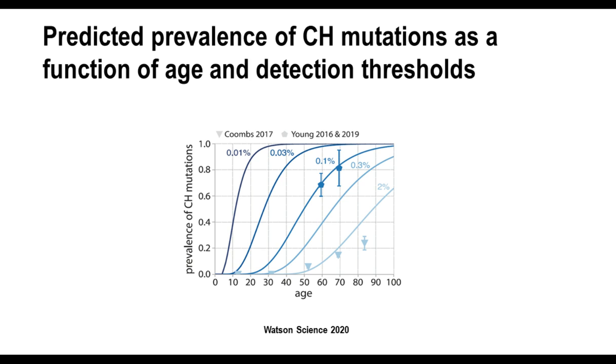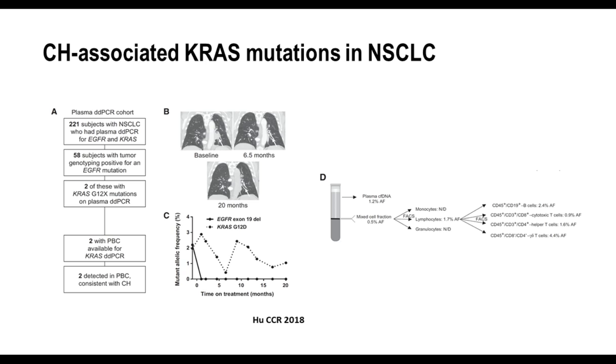But if you have a method with a sensitivity between 1.1 and 7.3%, then the frequency of this bias is significantly reduced. But let me show you an example of how clonal hematopoiesis can affect the results of your test in individuals with lung cancer.